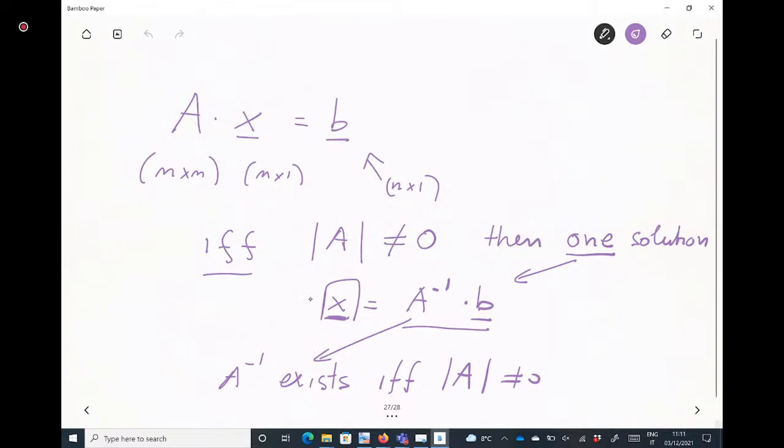This vector is the unique solution to our system when, of course, the determinant of A is different from 0, okay? Now, suppose that B is the 0 vector, so B is 0, 0, in the case of a two-dimensional system. So we have A times X equal to 0.